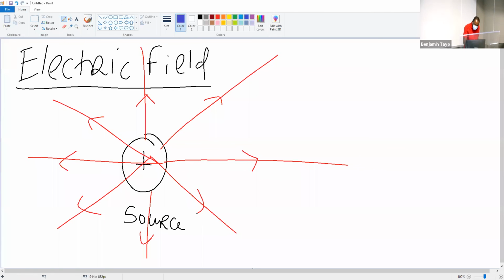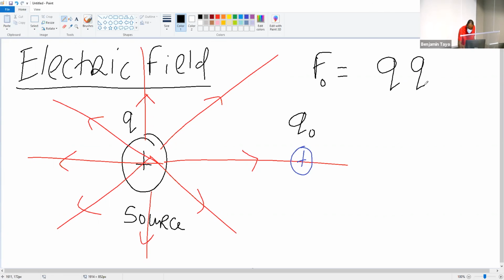And then if I were to put a test charge here, Q naught, so let's say that my source is Q and my test charge is Q naught. Then I can calculate the force on my test charge as KE Q Q naught over distance squared.